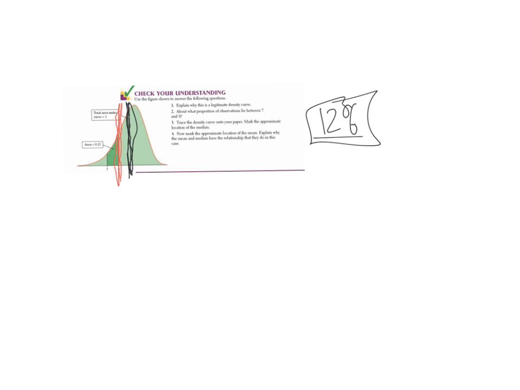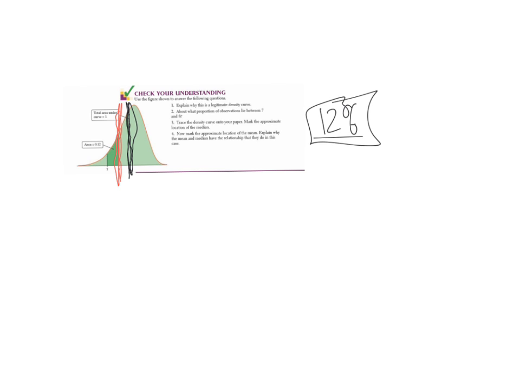So the mean is going to be less than the median, and that's because the graph is slightly skewed to the left. So because of that, the mean is going to favor the tail. The median is going to stay directly in the middle. Okay, so that's how we would do that. So the mean is the red line, median is the black line.